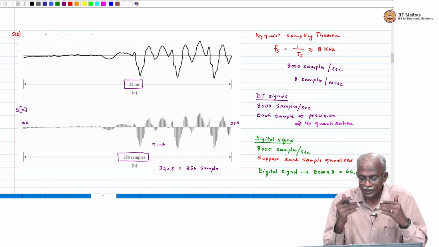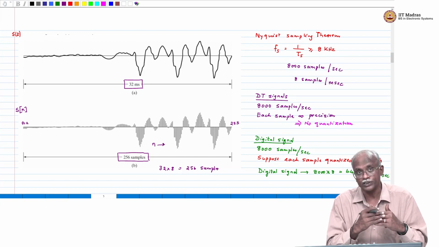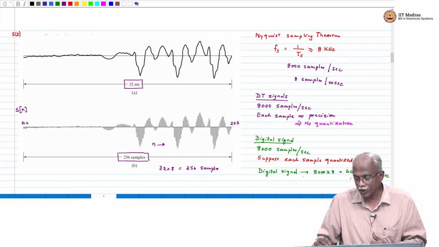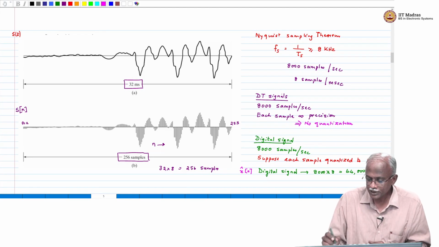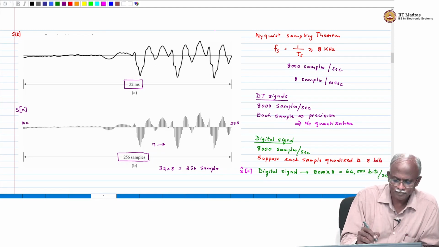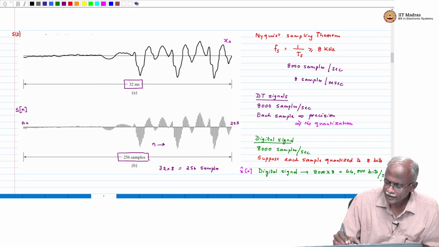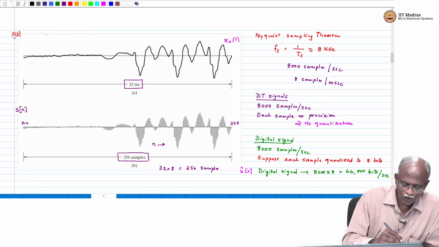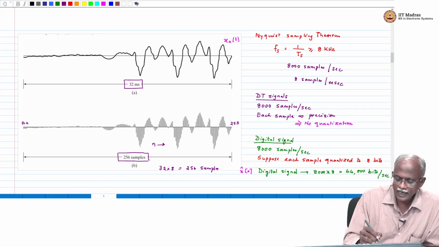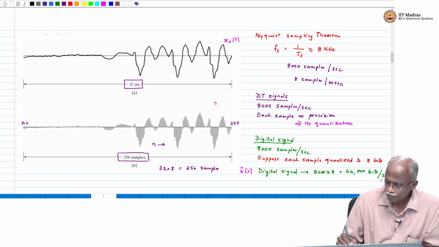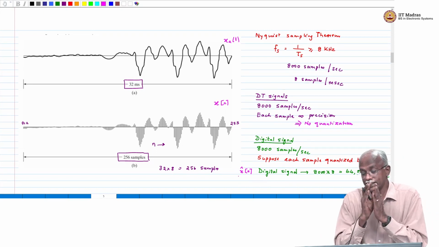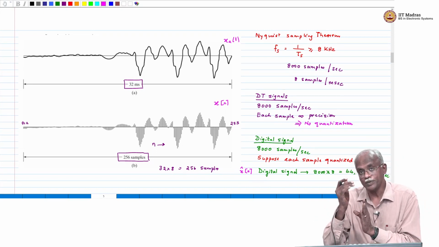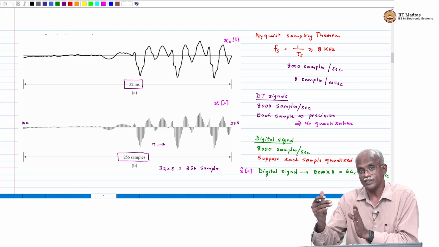This gives x of n, and when you quantize each of the samples to 8 bits, you get the digital signal x hat of n. x hat of n has 8,000 samples per second, and each sample is represented with 8 bits.